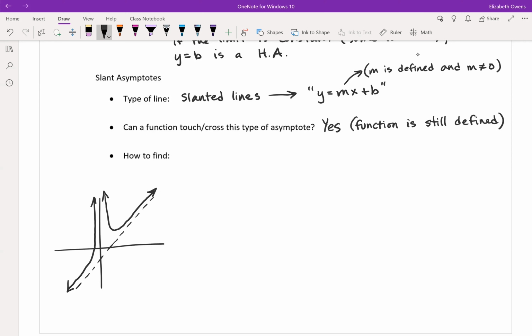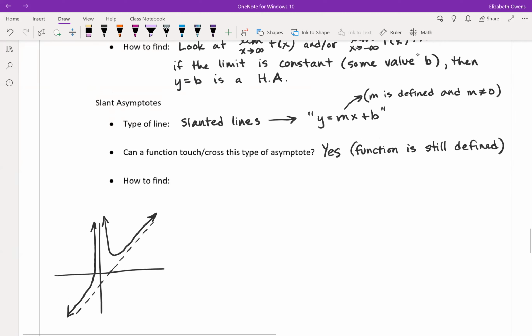All right. But notice how, as we are approaching that slanted line, the end behavior of this function as x approaches positive or negative infinity is going to not approach a constant. It's going to keep growing either in the positive or negative direction. So this type of function would have an infinite limit as x approaches positive or negative infinity.